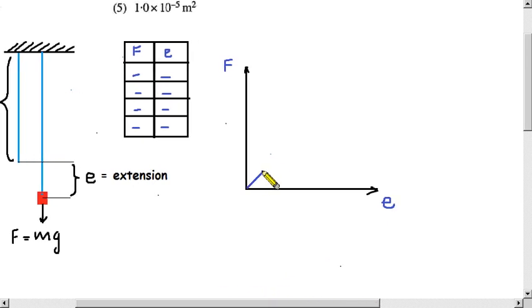Initially we get a graph like this. Initially there's going to be a linear relationship between F and E, like this. Then after that the relationship won't be so linear. It will be like this.